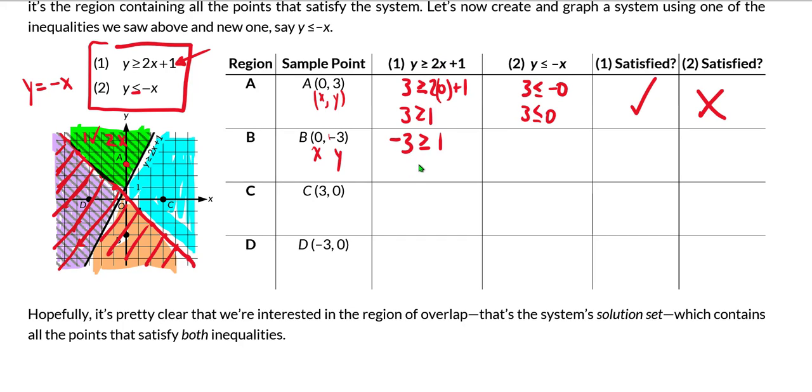That is not true. So in this orange region, already we can see that this orange region is not going to be the solution set to the system, because one of the 2 inequalities is not satisfied. We don't even need to work through this other one.